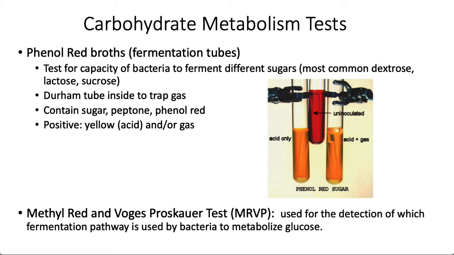This is tested by methyl red, and other products are more neutral, and that would be tested by the VP test. So MR and VP go basically the opposite ways. If a bacterium is fermenting, it's either MR positive and VP negative, or vice versa.